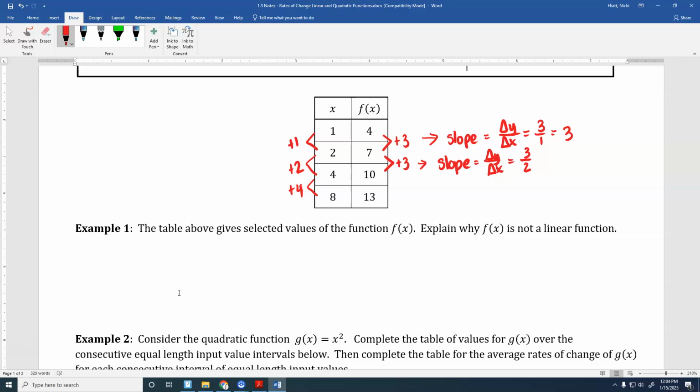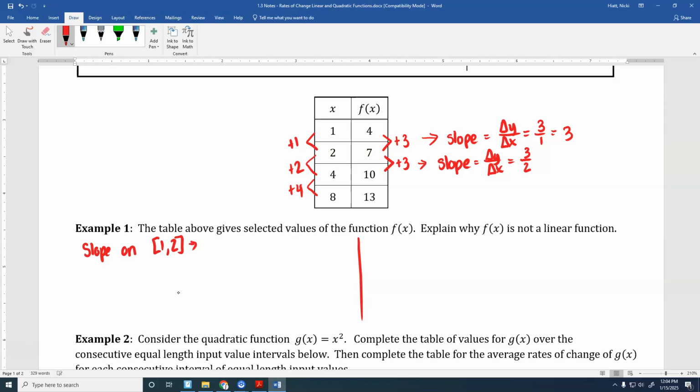So if we have to write this out in words, because this is something that you may be asked to do, there are a couple different approaches that you could take. Okay, so I'm gonna do both of them here because I think they're good for you to see. You could just straight go with finding the slope, right? So you could find slope on, I'm going to call it 1, 2.